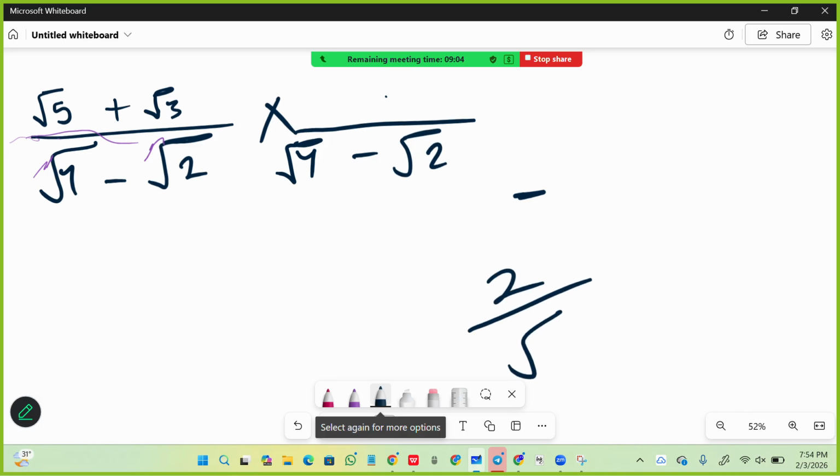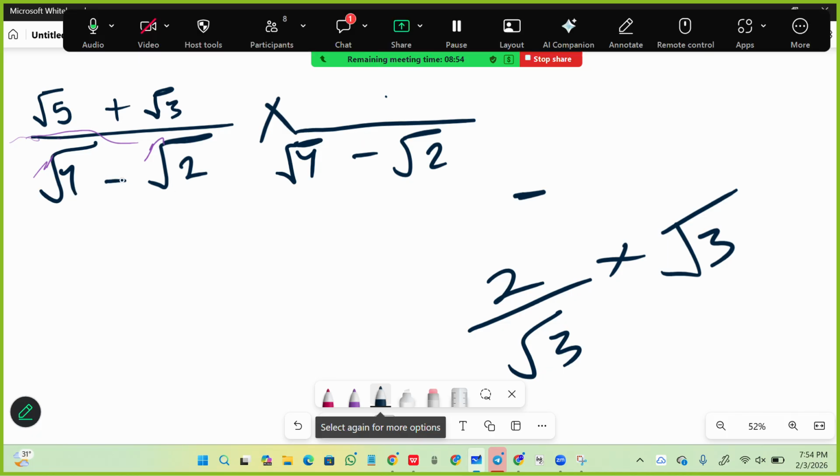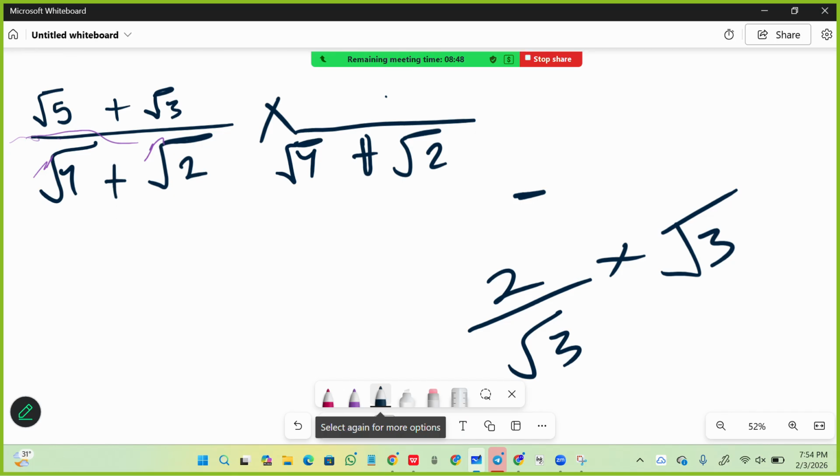Imagine we have root 3 like this and want to multiply. We multiply it with that root 3, but there was no sign. But now there is a sign. We multiply it with it, but change the sign. Because it has minus, we'll change it to plus. Are you getting that? If it was plus here, we'll change it to minus. I just want you to understand it. That thing we are doing is called conjugating it.